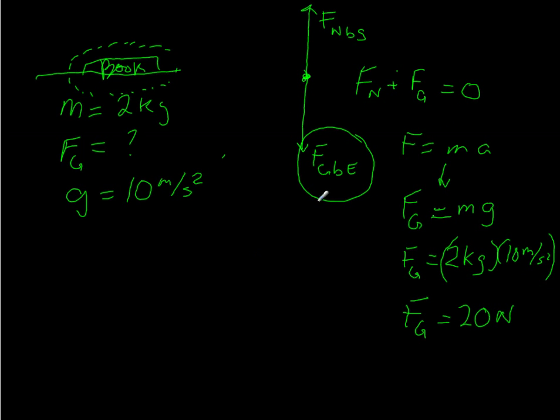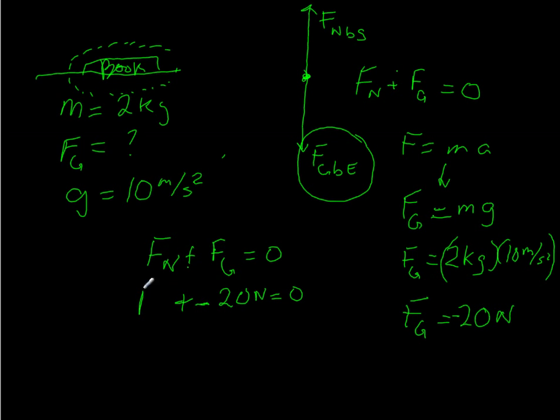Now I know I have Fn, my net force equation, plus Fg equal to 0. This Fg is in a negative direction because it's going down, so I'm simply going to put that in there.